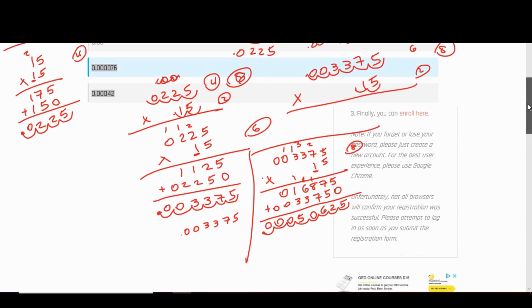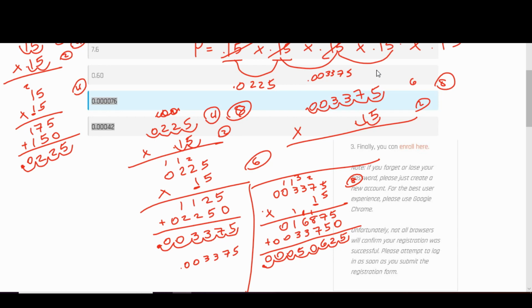So we can see that this gets us 0.00050625. That crosses out. We just have one more to do, one more iteration.